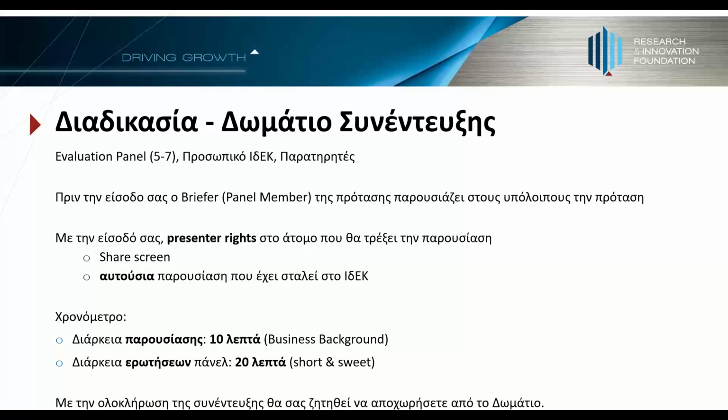Before you enter the room, a briefer, so someone from the evaluation panel, will give a short briefing about your proposal to the rest of the panel members. So kindly note that they will be briefed before you enter the room.